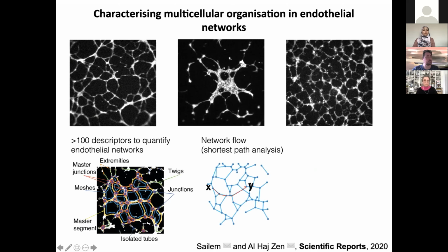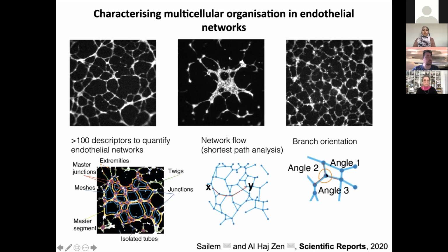We can also use concepts from graph theory to look at how efficient hypothetical flow would be. For example, by measuring the shortest path distance between X and Y for every 2 nodes and averaging that over the whole network, we obtain a robust measure of how efficient the flow in this network would be.